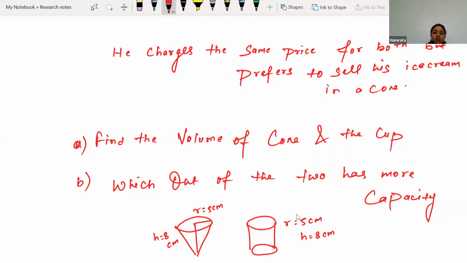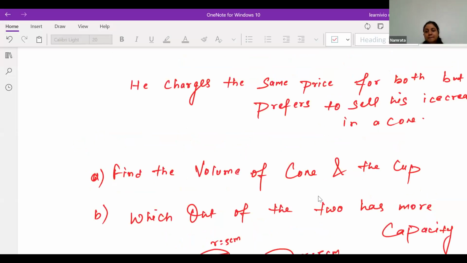Any idea how to do? Jasleen, Sabina, Kiran, Madiha is also there. Yes, Madiha. One by one, please tell me how to do this one.